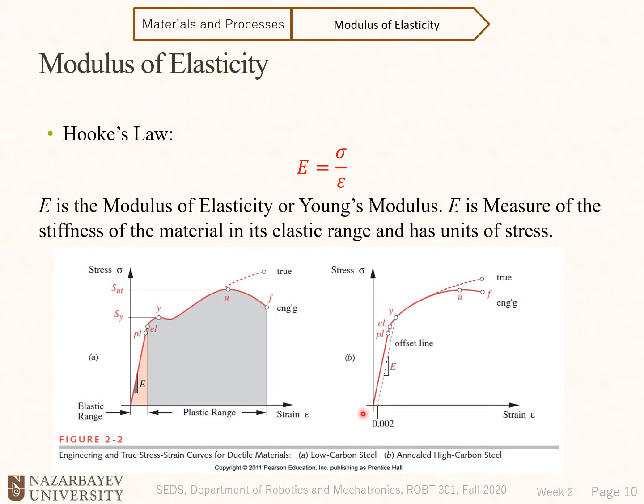Here we have another type of material, and as you could see, this one is low carbon steel, a slightly different curve, but still low carbon steel is a type of ductile material. We will see what the difference is between ductile and brittle material.